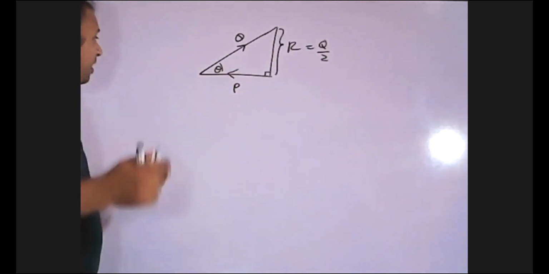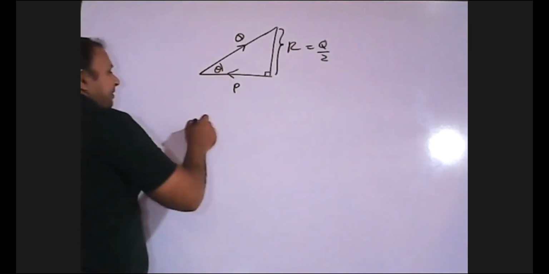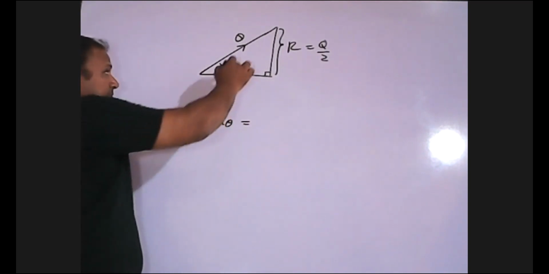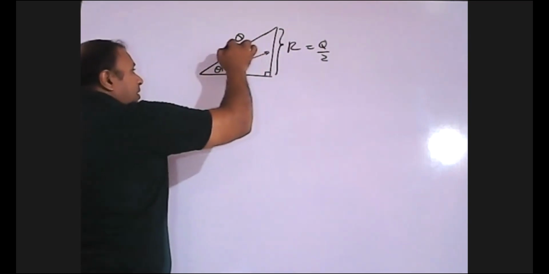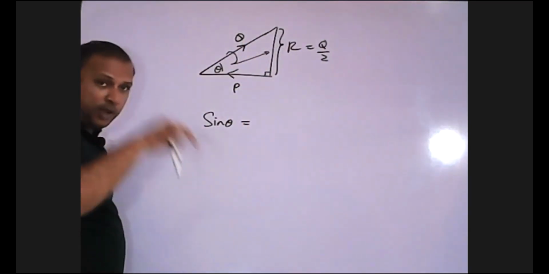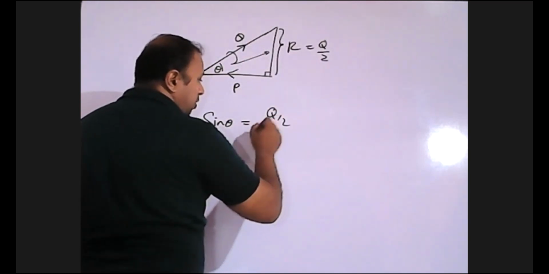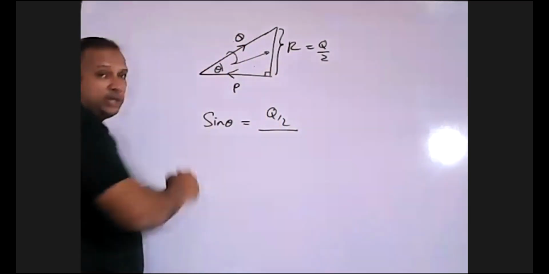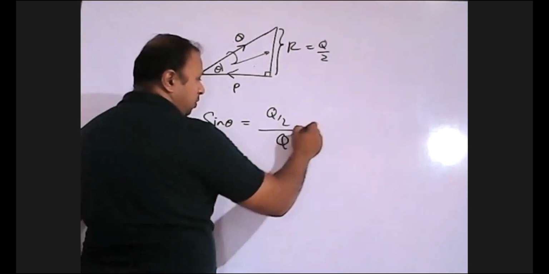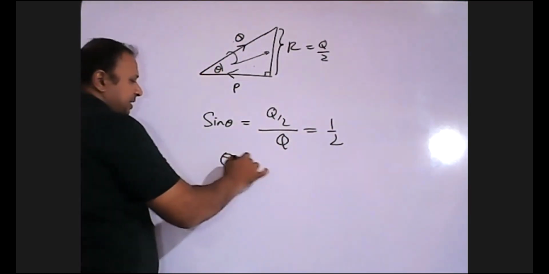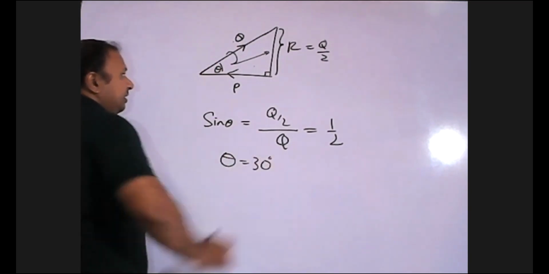So if I find sin theta, it is equal to opposite side over hypotenuse. Now I know the opposite side is Q over 2 and the hypotenuse is Q. So this is half, which means theta is equal to 30.